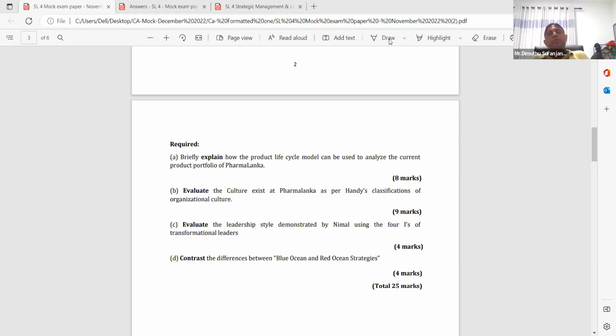So this tests your knowledge of PLC concepts. That's the first thing. The theory should be applied to the given scenario, and you should be able to identify the different stages of the product portfolio.